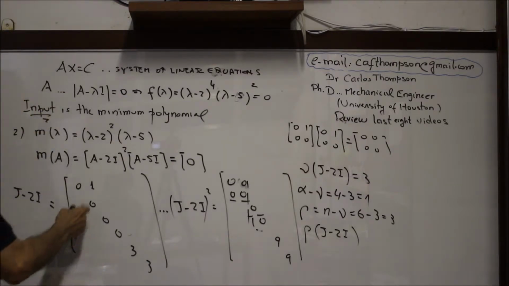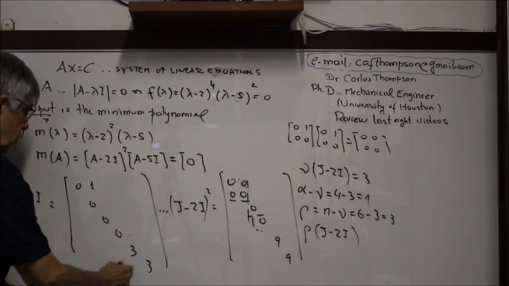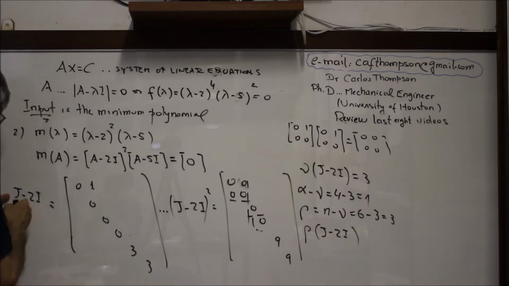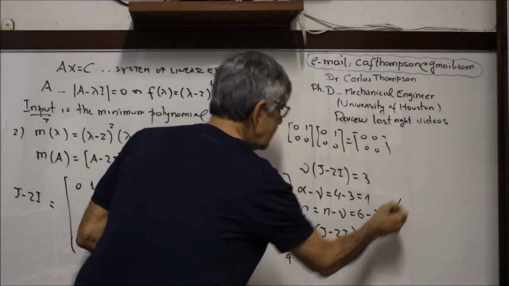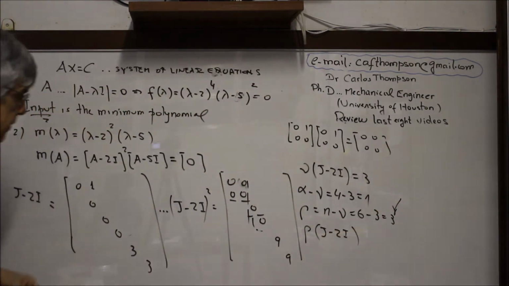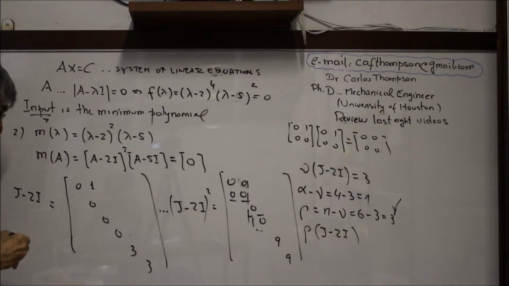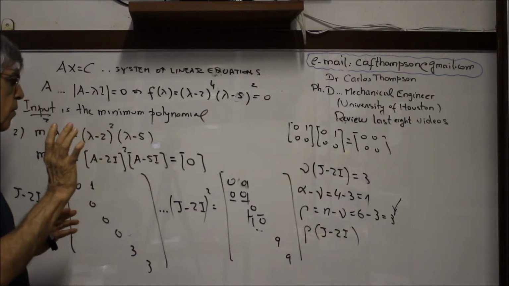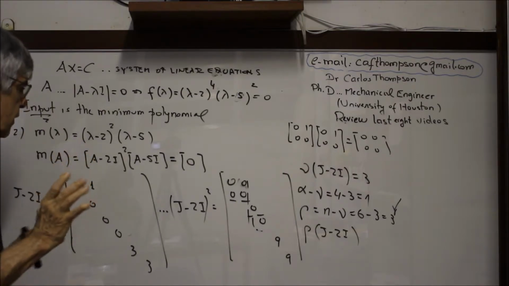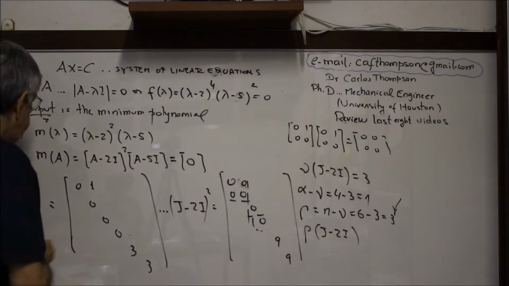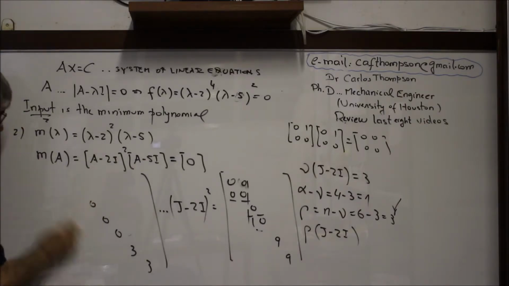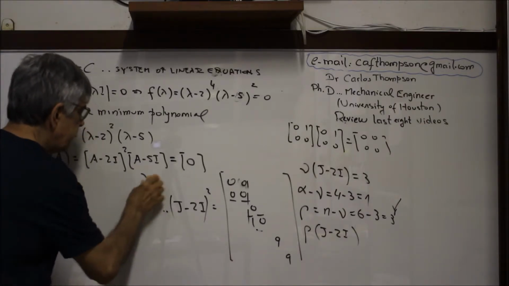Now I have 1, 2, and 3. So rho, the rank of J minus 2I, is 3. Look at here. You see? Everything matches. The same thing I'll do for 5.